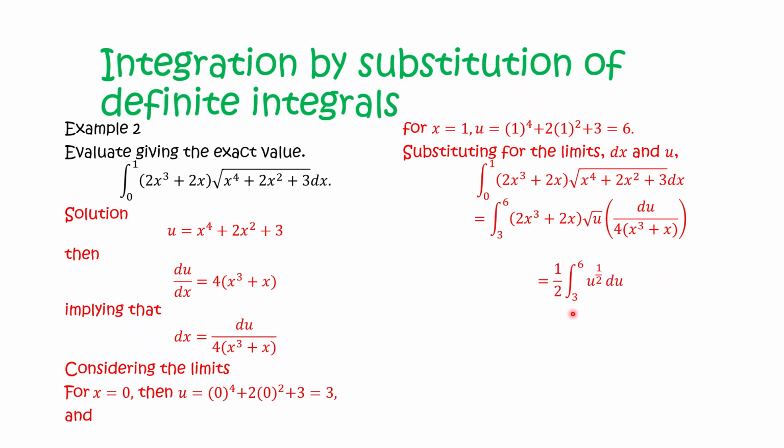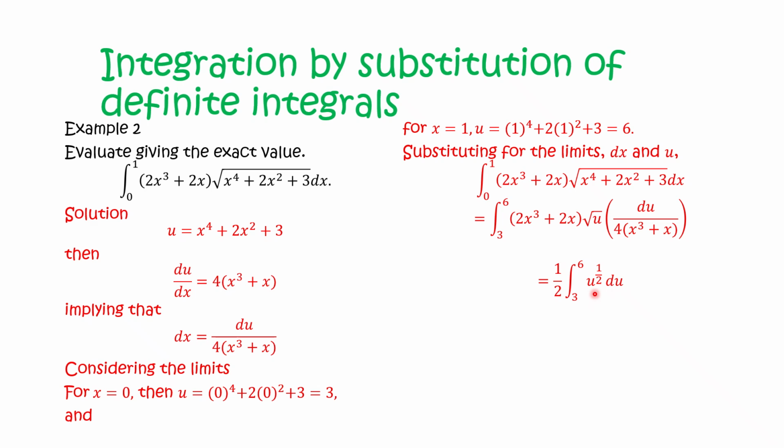And of course, we can see that we can cancel out the x cubed plus x with the one that we have there. So we factor out the 2, and 2 over 4 gives us a half, which we have outside there, and the integral from 3 to 6 of u to the half du.